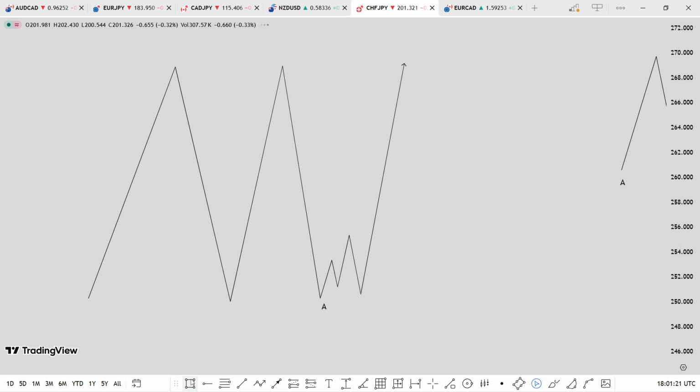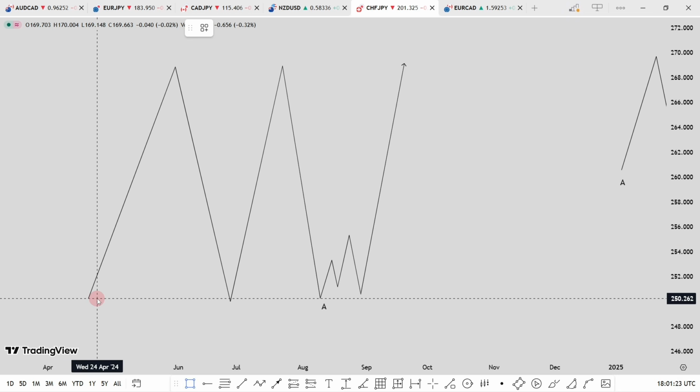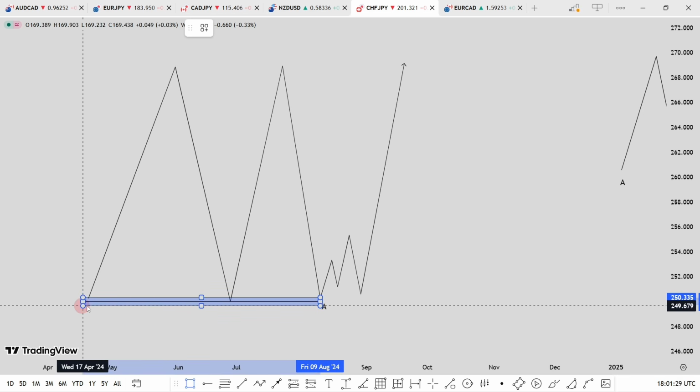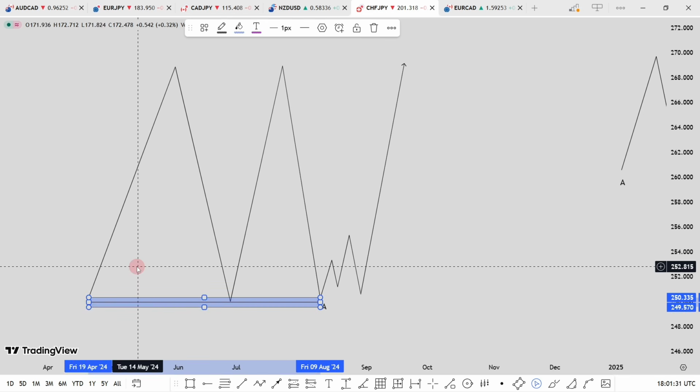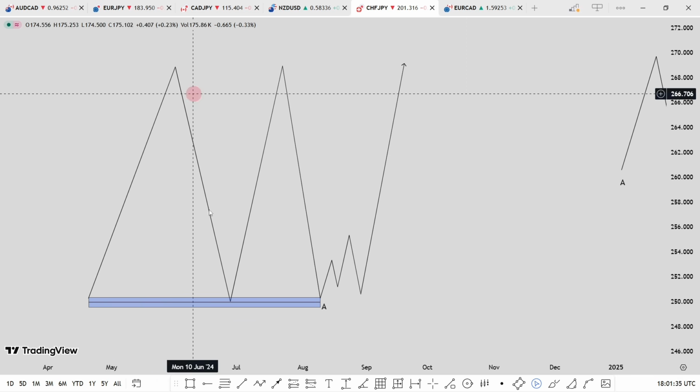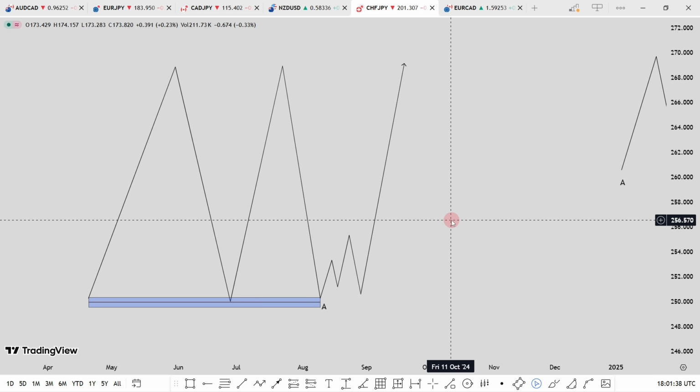It is in confluence with these two demand levels. So we have this one and then we have this one. So this makes it a very, very, very highly precision trade. You have a high chance of always taking a winning trade using this setup.